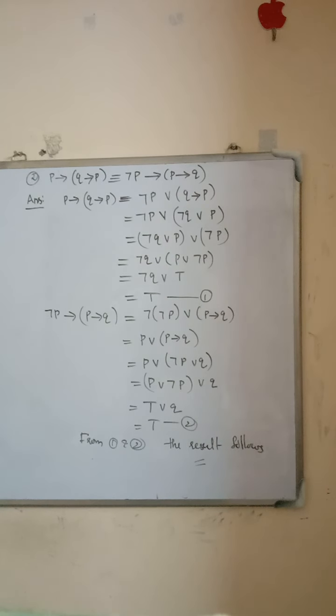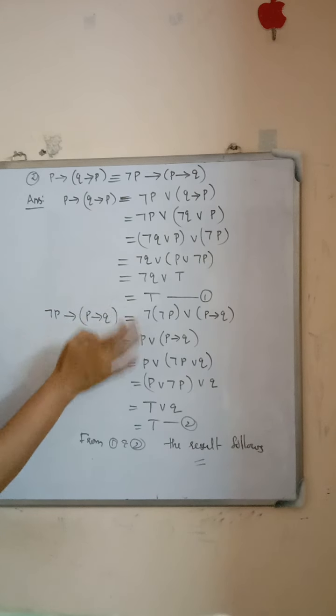Next problem: without using a truth table, prove that P conditional Q conditional P is equivalent to negation P conditional Q. Here we prove the left side and right side are equal. First we take the left side.